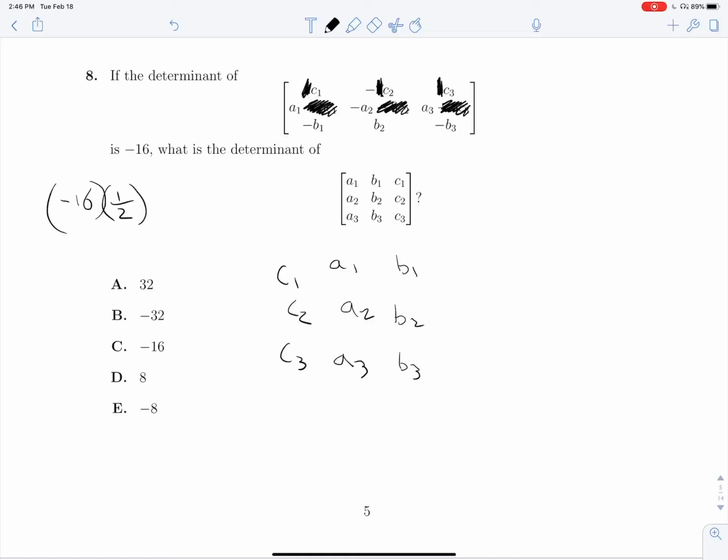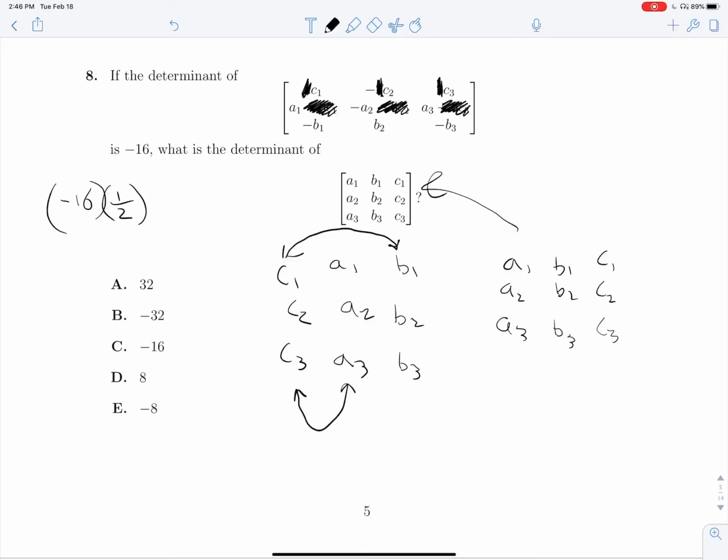It's good to also notice that we're going to need to switch some rows around. We'll need to switch the positions of A and C, and then afterwards we'll need to switch C with B. After those two changes, we'll be left with A1, A2, A3, B1, B2, B3, C1, C2, C3, which is this matrix right here.